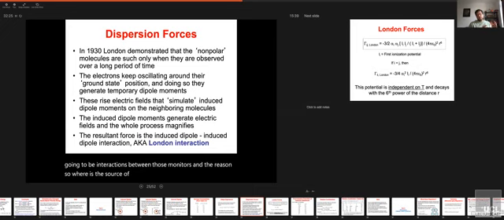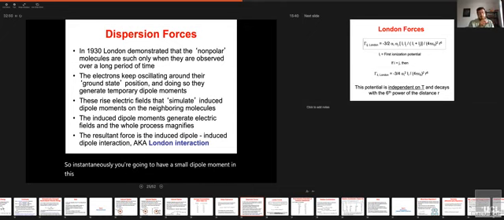Well, the reason for those interactions is that on average, the electronic cloud in these molecules is equally distributed, so there is no net dipole moment. But instantaneously, the electrons accumulate in specific locations in this geometry, so you have a small dipole moment in these molecules.